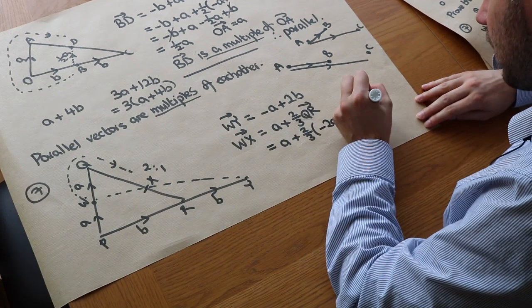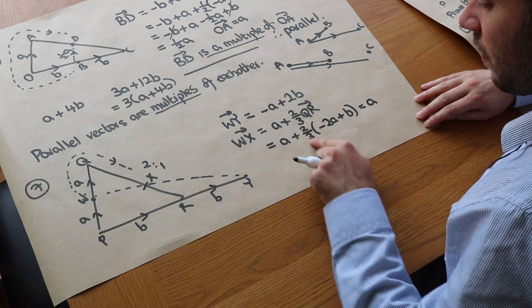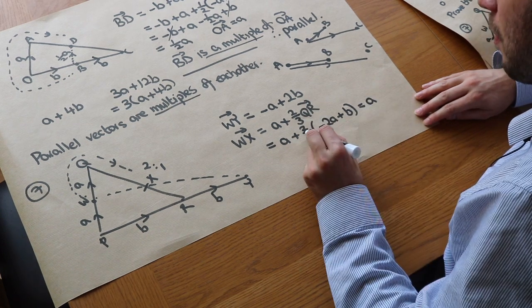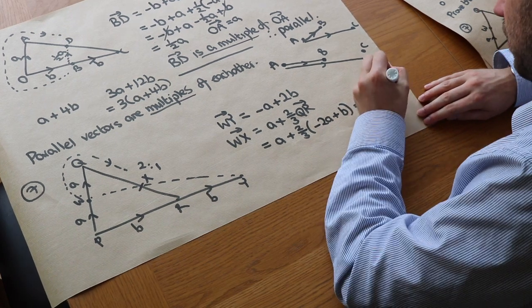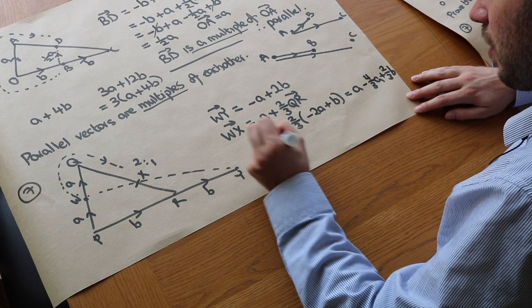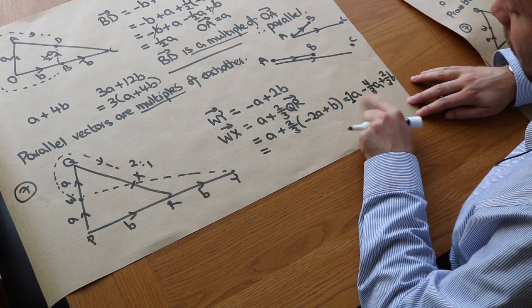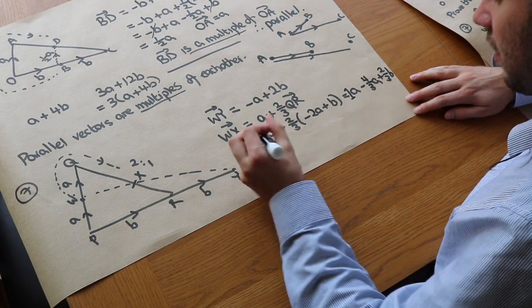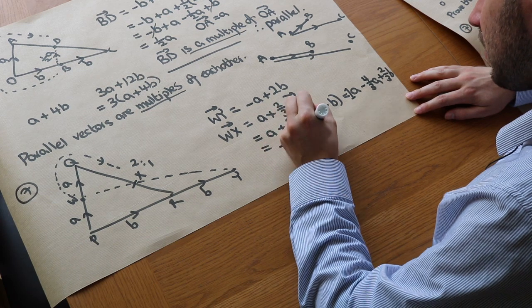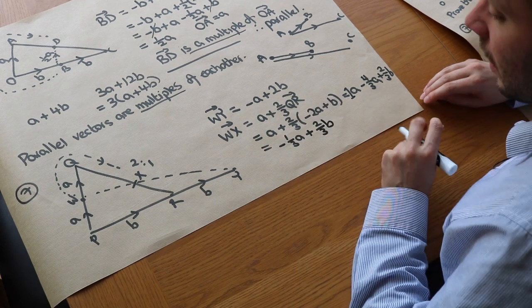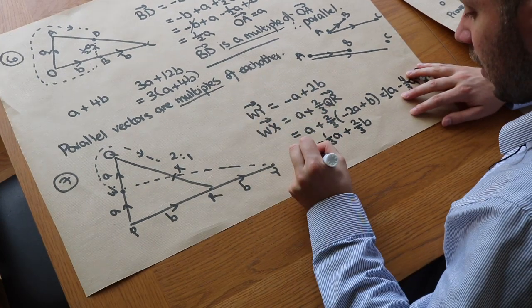Let's expand and simplify. That's A, 2/3 times minus 2A. Well, 2/3 times 2 is 4/3. It will be minus 4/3 A. And 2/3 times B is plus 2/3 B. So if we collect like terms, 1A minus 4/3, 1 minus 4/3 is minus 1/3, so we get minus 1/3 A plus 2/3 B. Now I said to show that one of these vectors is a multiple of the other, we should really factorise something out.